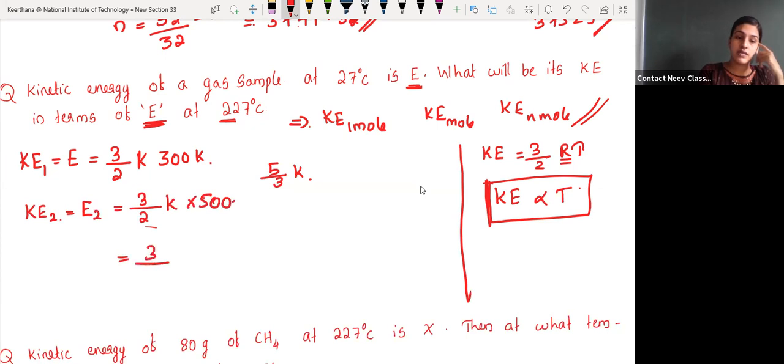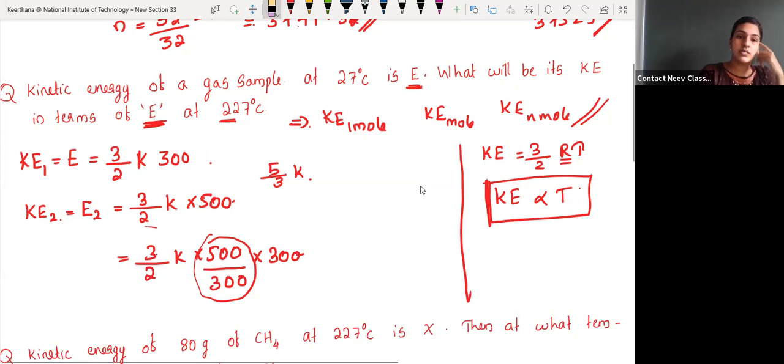I can rewrite this as 3/2 K into 300 multiplied by 500 by 300. And 3/2 K into 300 is E. So this is 500 by 300 into E, or 5E by 3.